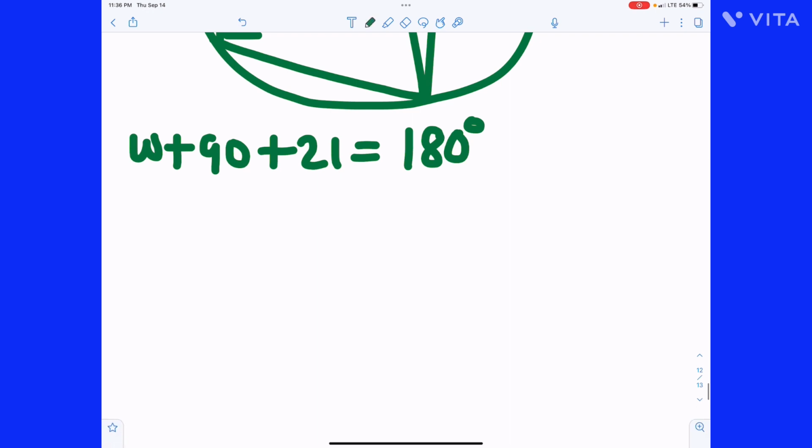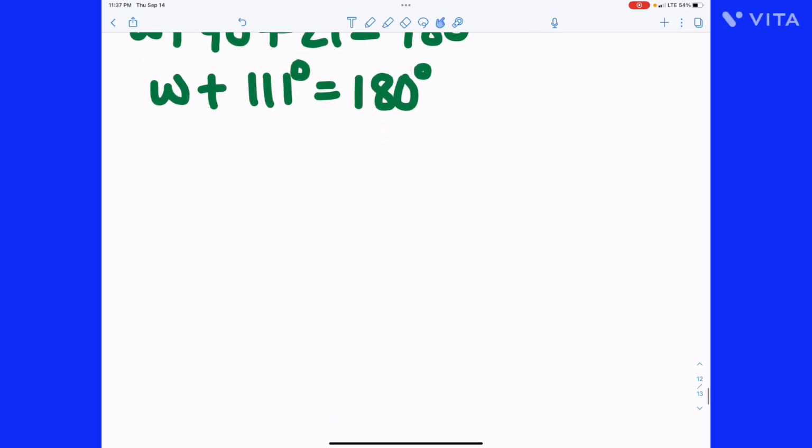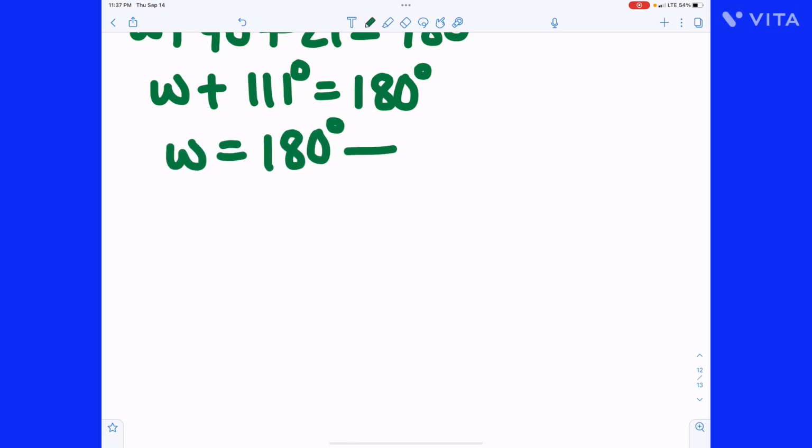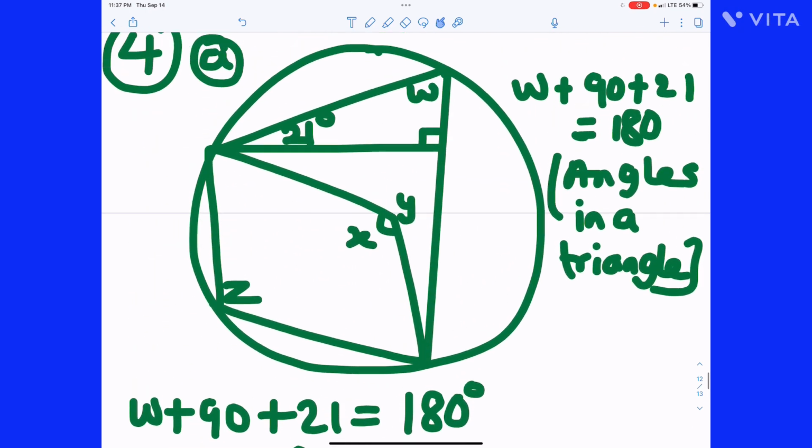So W plus 111 is equal to 180. So W is 180 minus 111. W is what? 69 degrees. I'm sure that's the value of W.